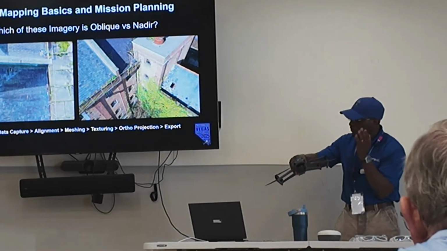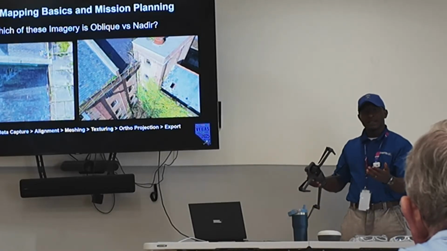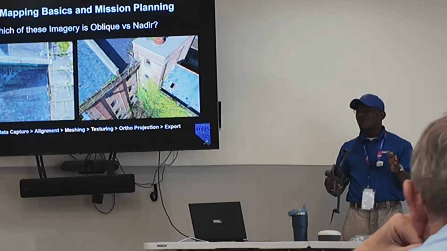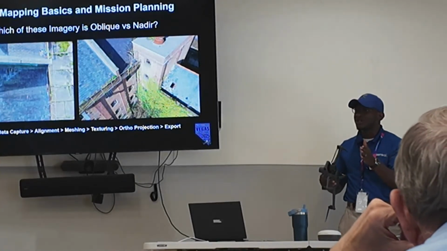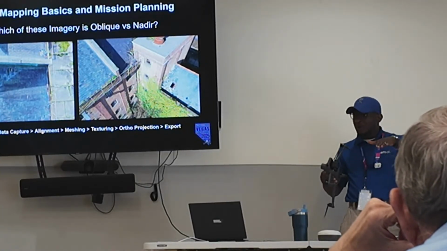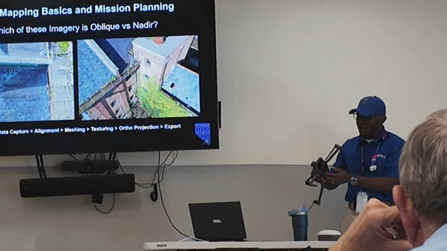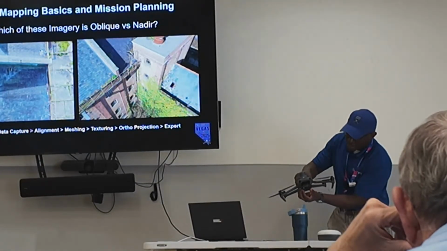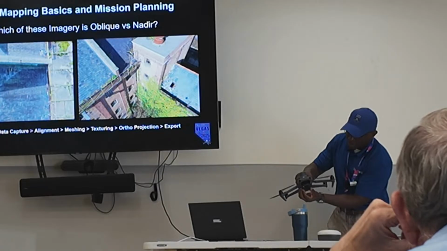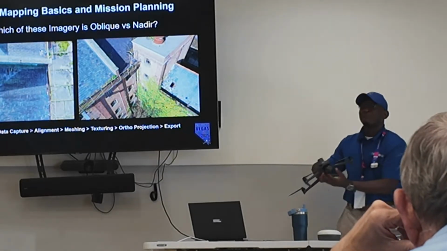Now, when you're flying a drone, the oblique angle really depends on the drone, but typically within negative 55 degrees, which is slightly tilted, not fully 45 degrees, and negative 75. In this case, where it's like a tower, you obviously want to slightly tilt it.